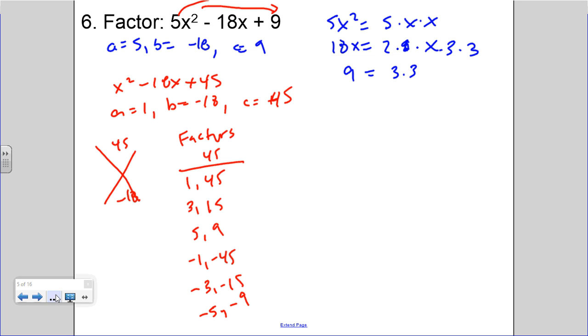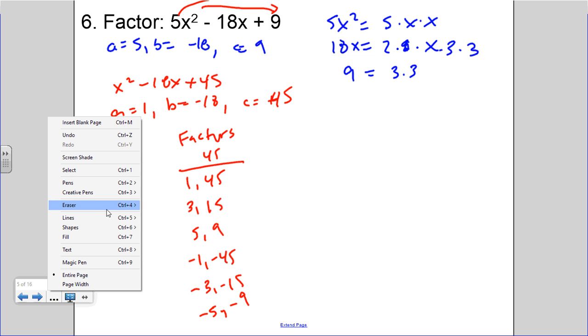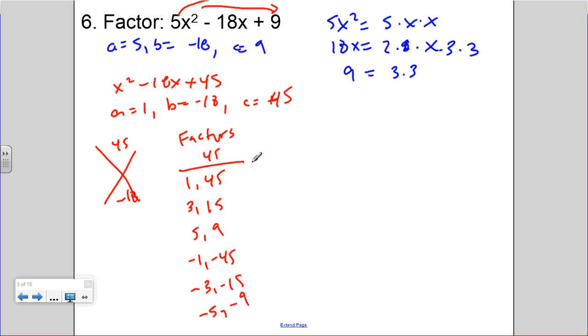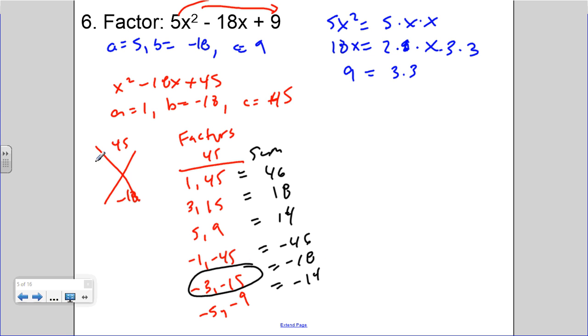Okay, so the winners, well, let's find the sums. 46, 18, 14, negative 46, negative 18, negative 14. So negative 3, negative 15 would win. So we write our factors as x minus 3 times x minus 15.